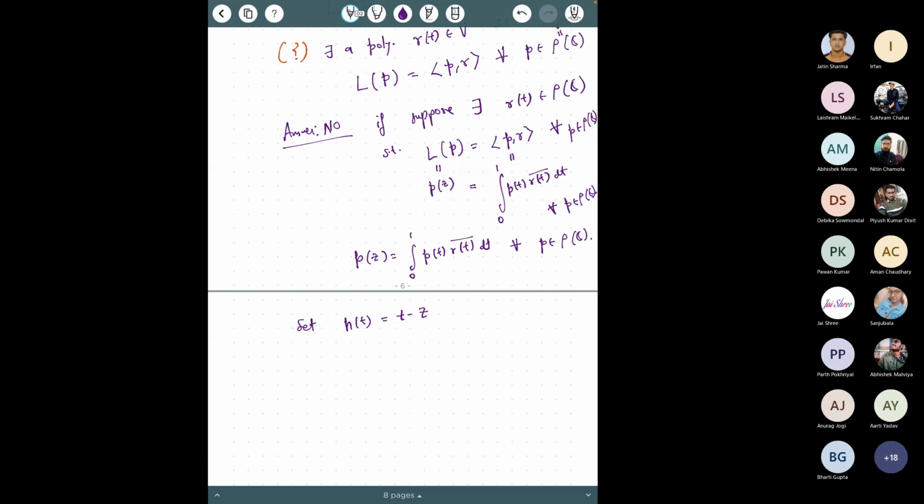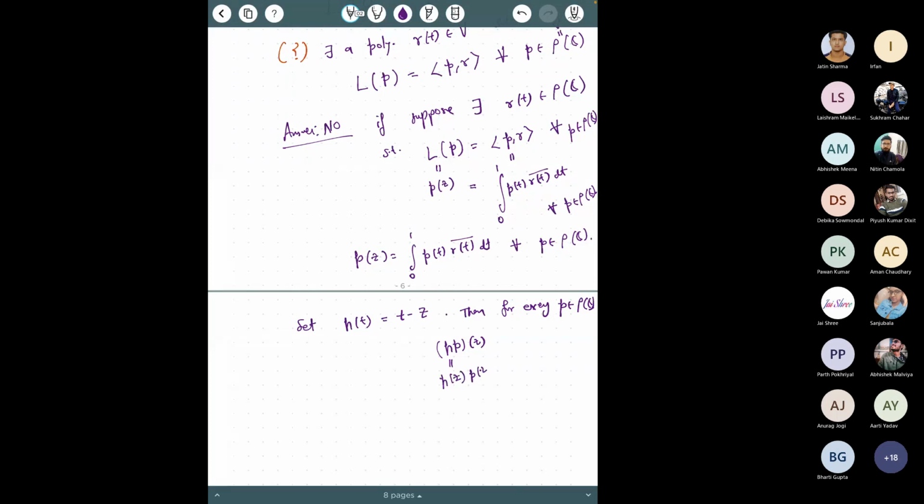So consider this degree 1 polynomial. Then for every polynomial P, what is HP of z? It is a product of polynomials, that means it is H(z) P(z).